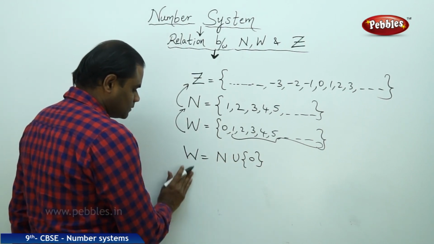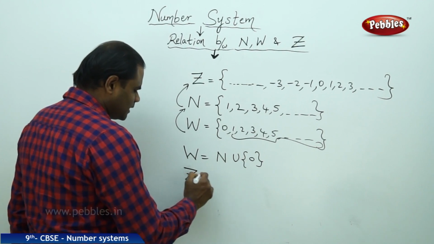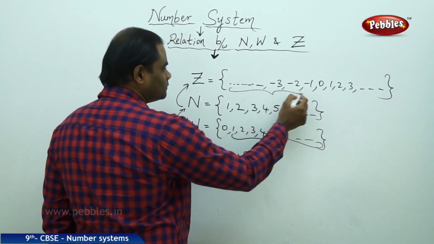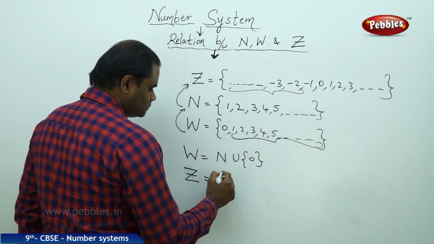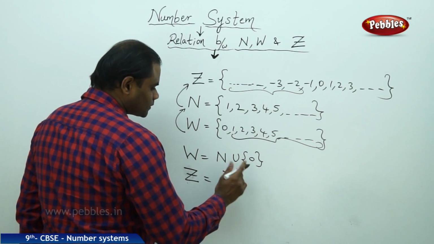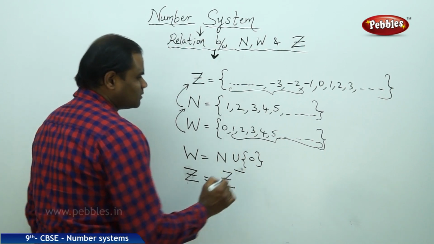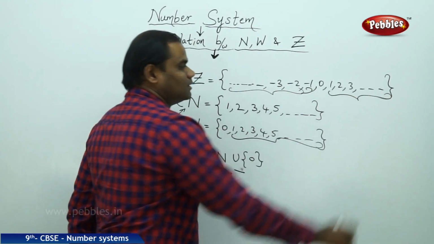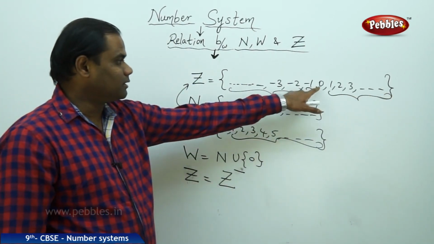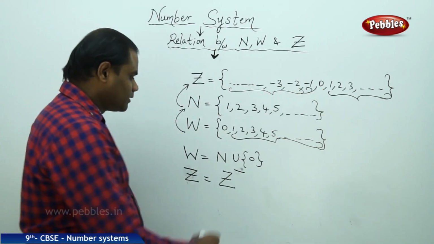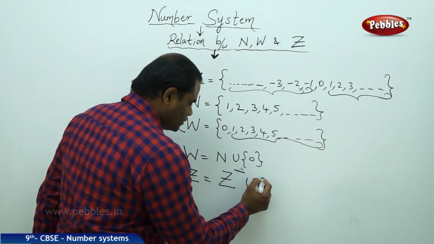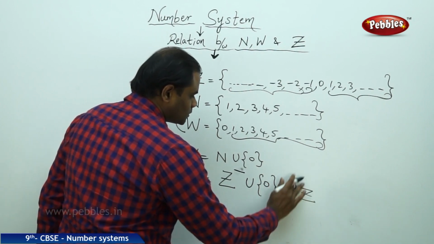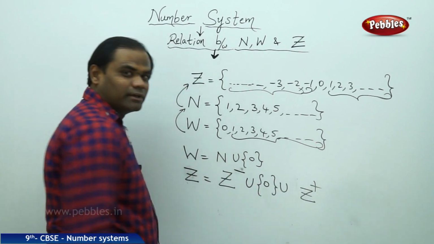And for the relation between Z and W, the first half is the negative integers and the right half is the positive integers, divided by the neutral 0. So I can write this as Z minus union 0 union Z plus.